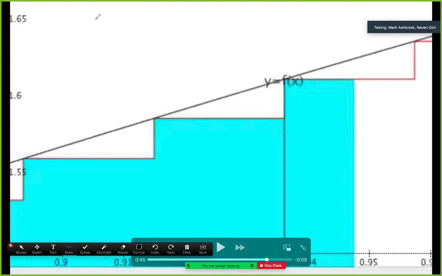What did we say dA dx was? For that first graph, we had constant rate of change, and we saw that it was 5.